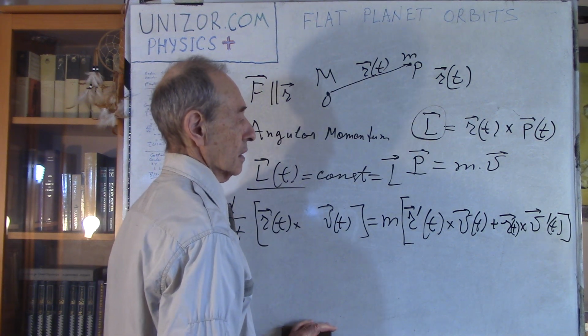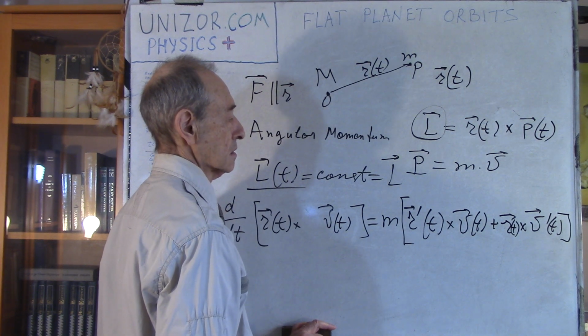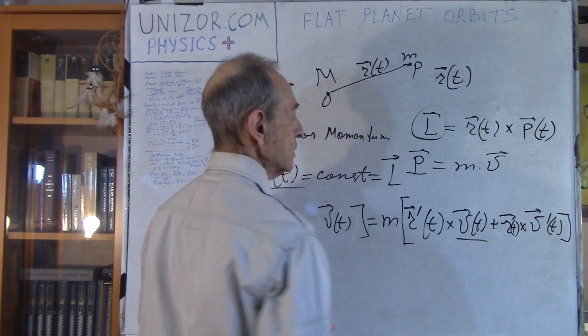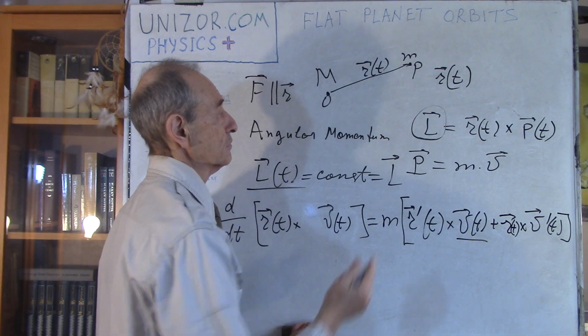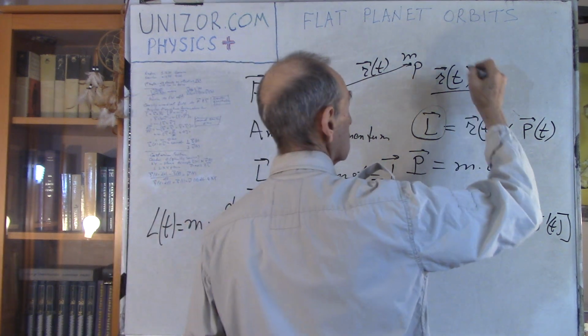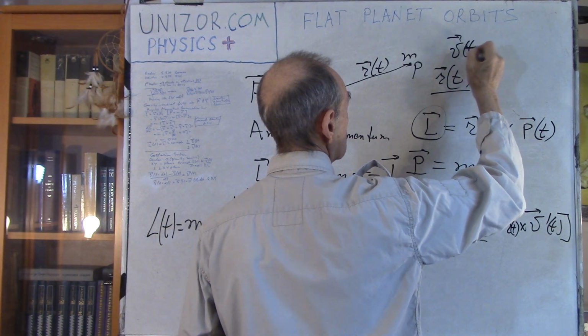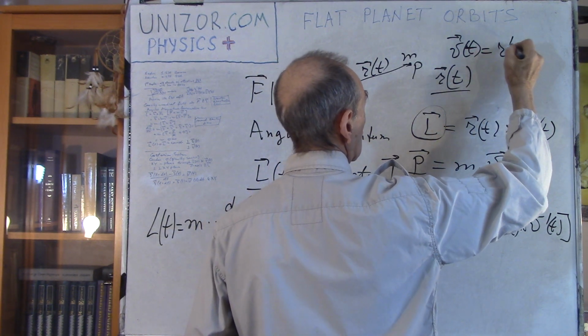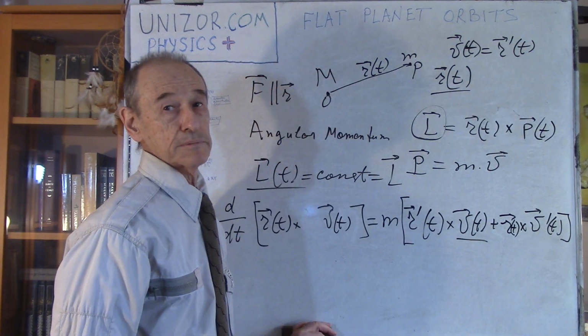Now, let's think about it. What is v, the velocity? Can you define it based on the position? Well, yes, by definition v of t is equal to the first derivative of the position by time.